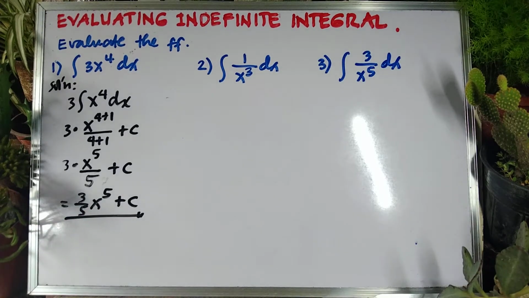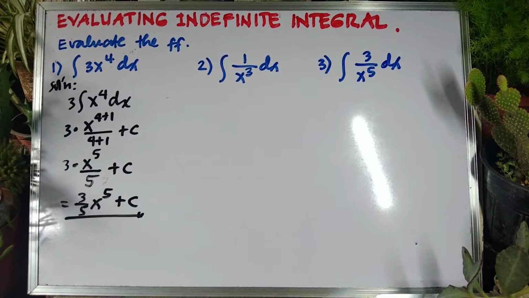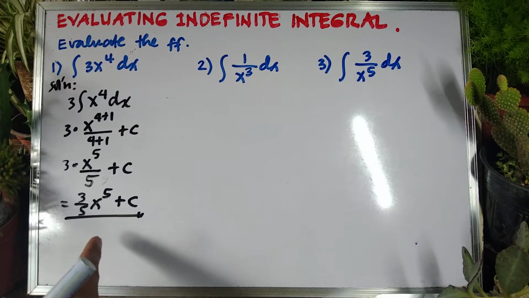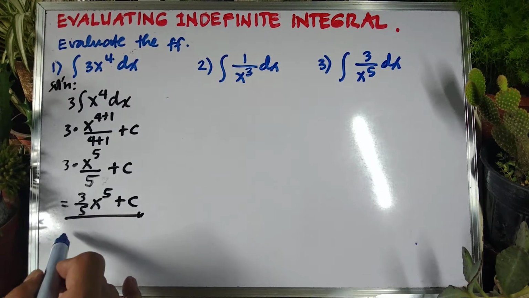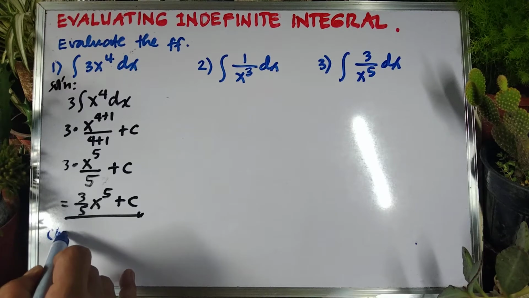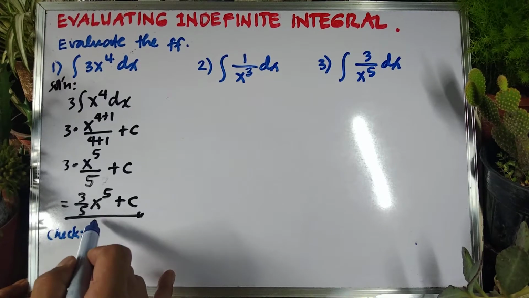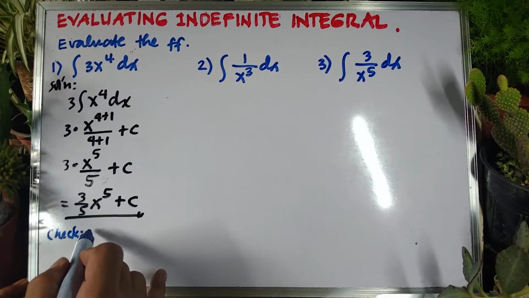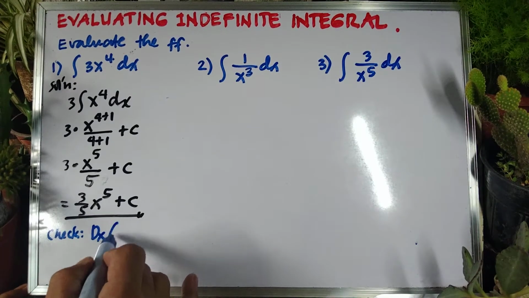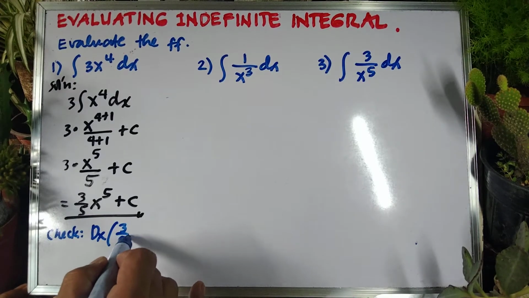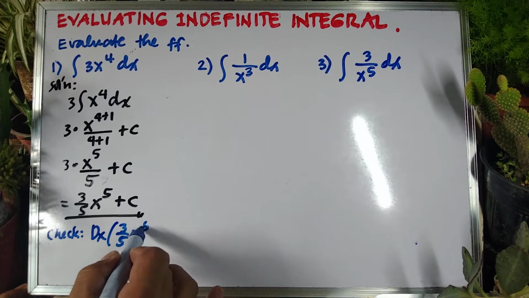That's the final answer. Now if we want to check whether our answer is correct, we will get its derivative. So the derivative of 3 over 5 x to the power of 5.